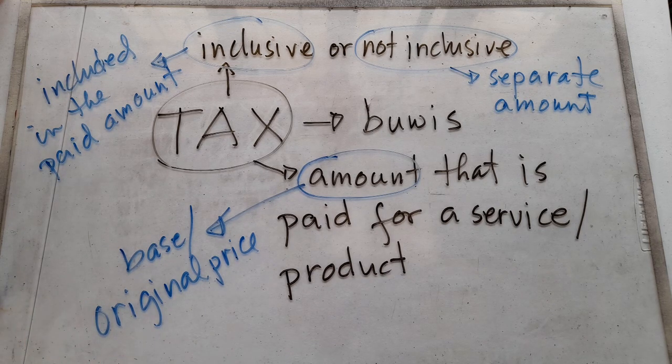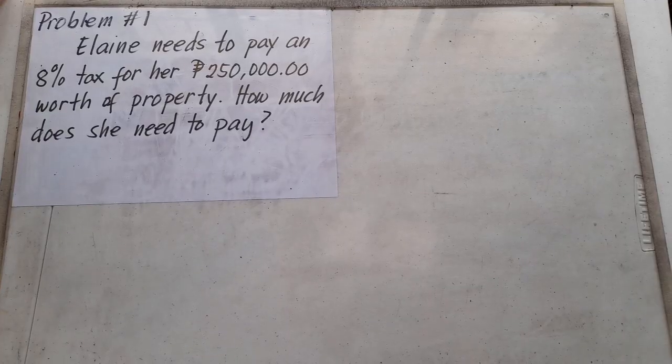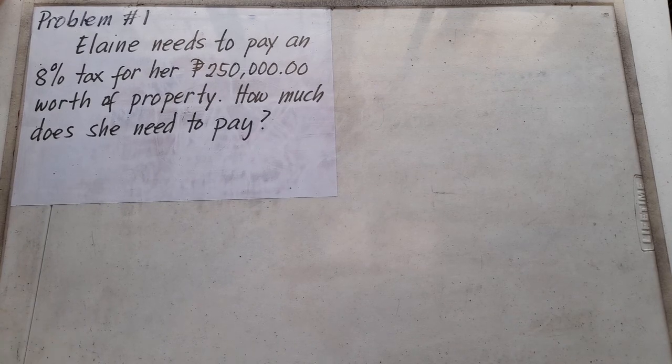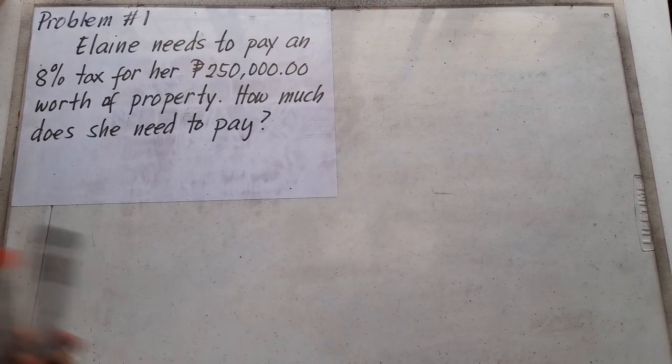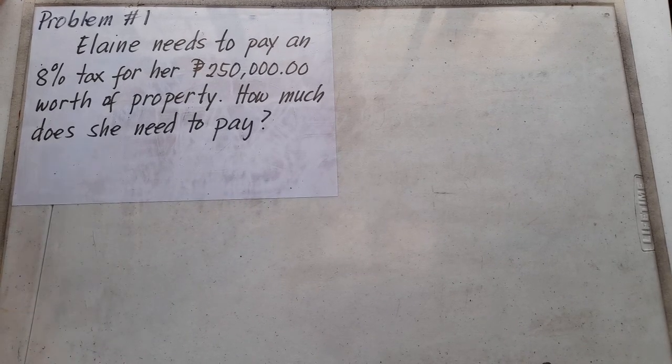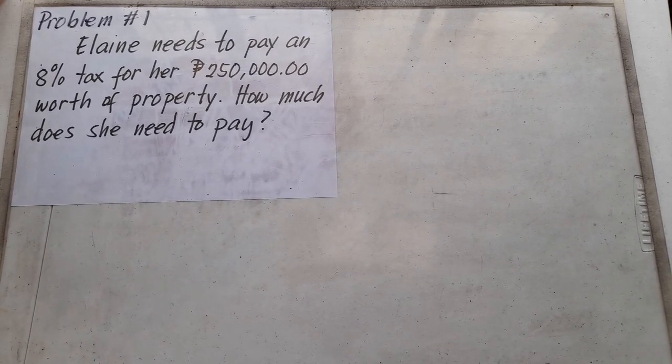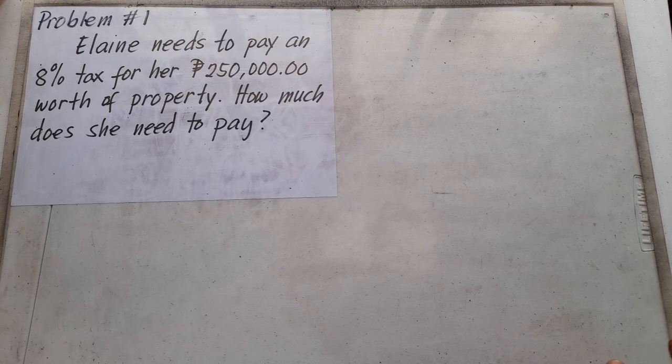Okay? So, without further ado, let's begin solving our problem number 1. Okay. Problem number 1 says, Elaine needs to pay an 8% tax for her 250,000 peso worth of property. How much does she need to pay?